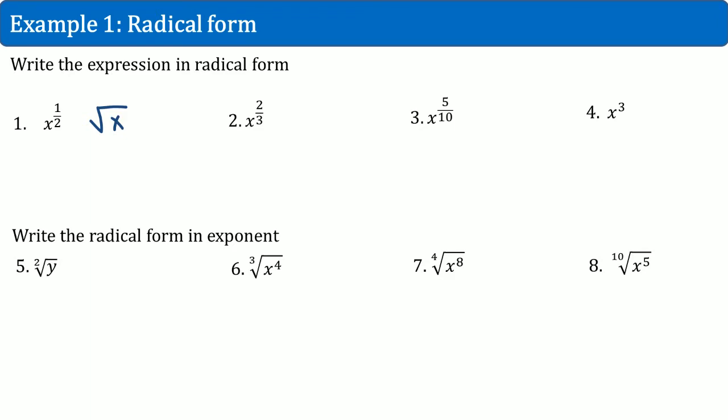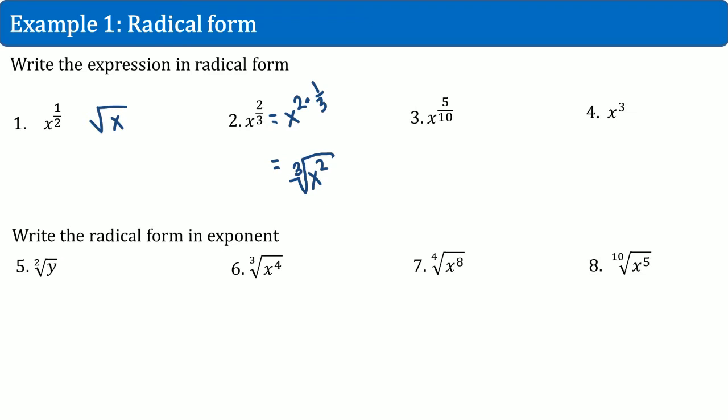No one writes the 2 here; the 2 is the default, so no one writes it. Next, x to the 2/3 power is the same thing as writing x squared times 1/3. That's how you split it up. So the x squared goes inside the radical, and it's a divide by 3, so there's a 3 here.